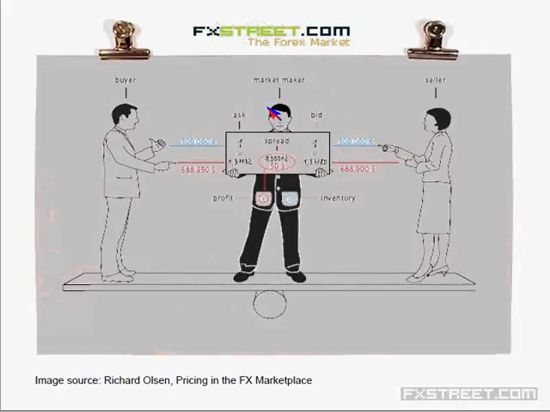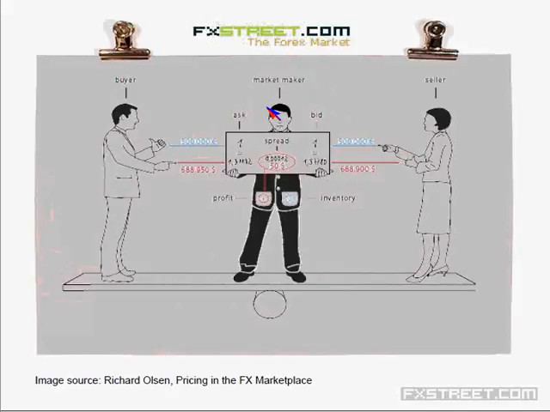This is the ideal situation where the market maker can match the positions from sellers and buyers, because their trading volume is equal. But things get complicated when there are more buyers than sellers, or more sellers than buyers.